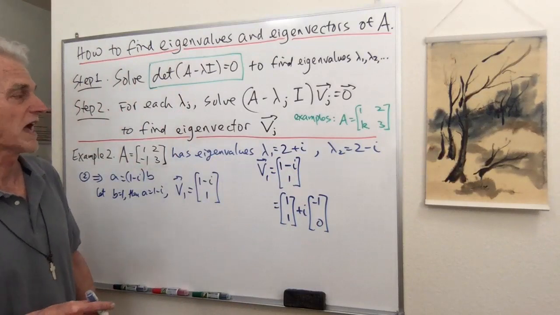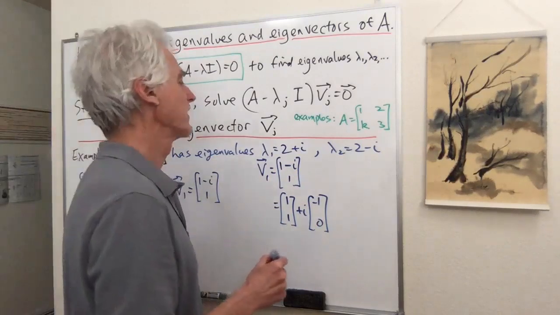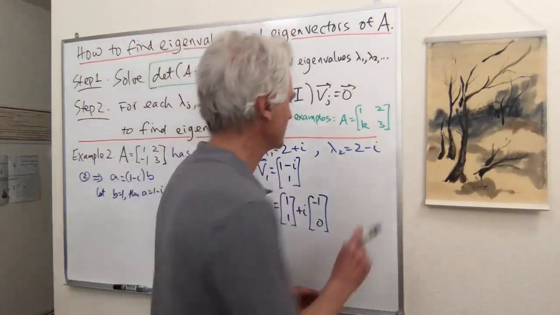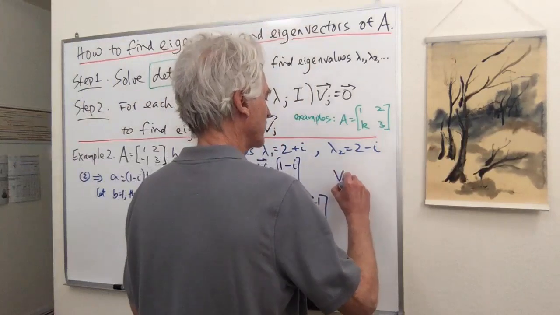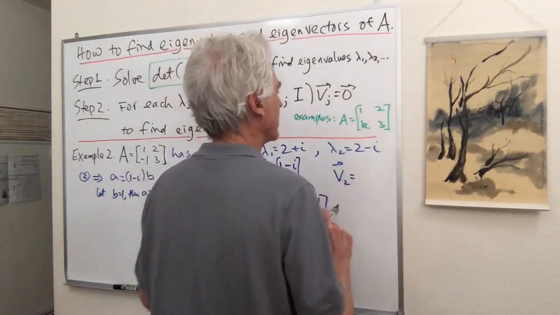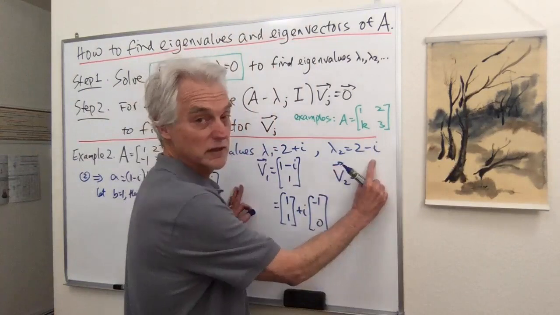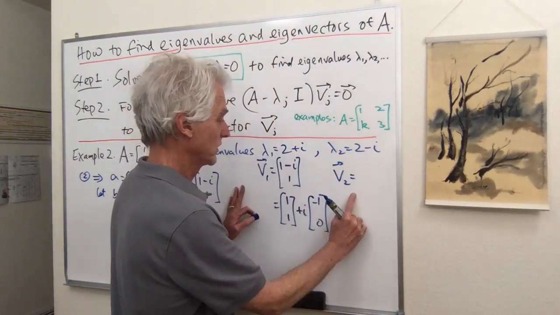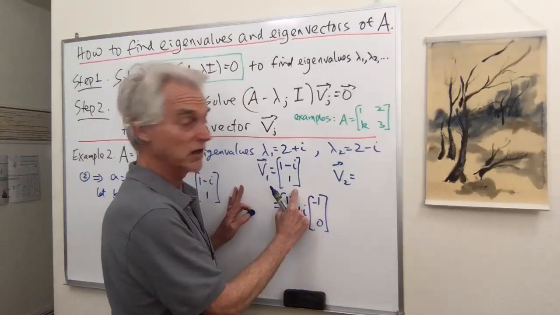Okay, so that was a lot of work. The bad news is you're dealing with complex numbers. The good news is v2 is a piece of cake. Since lambda 2 is the complex conjugate of lambda 1, v2 is the complex conjugate of v1.